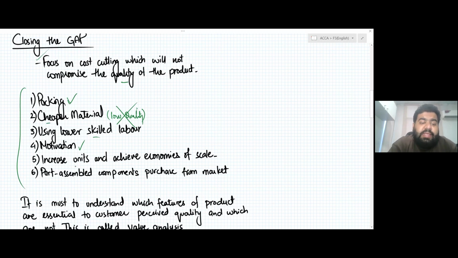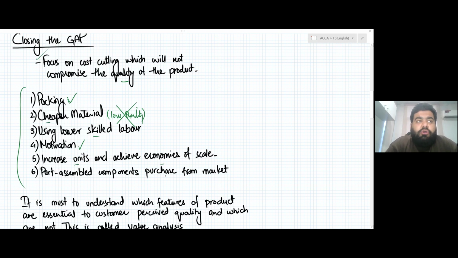After that, increase units and achieve economies of scale. If you are increasing the units, obviously your fixed cost per unit will get lower. You are in a factory where you pay 10,000 rent and you make 100 units: 10,000 divided by 100, the fixed cost will be 100 per unit. But the same rent with 200 units will be 50 per unit.